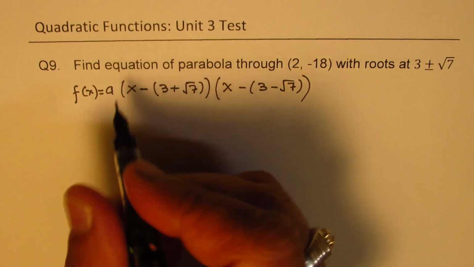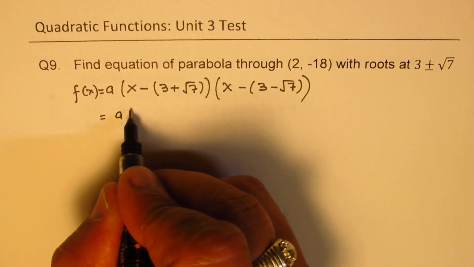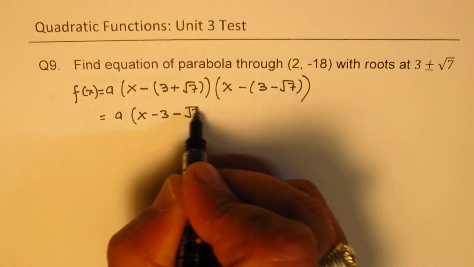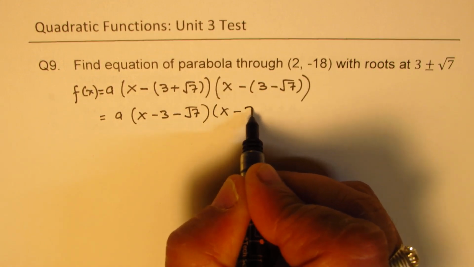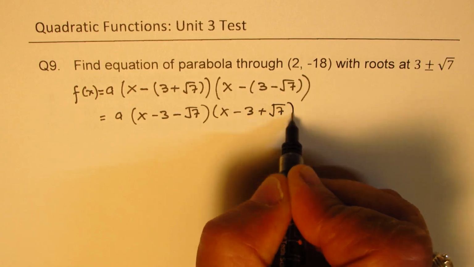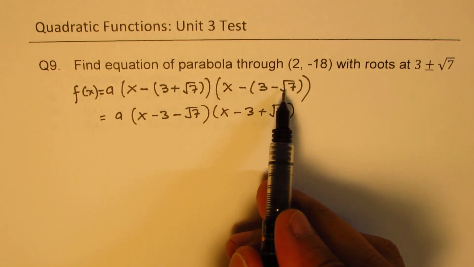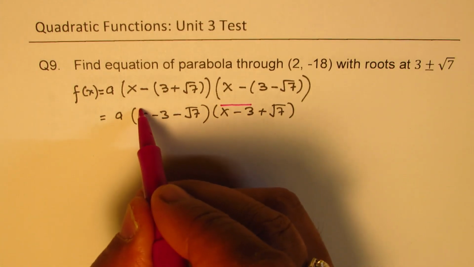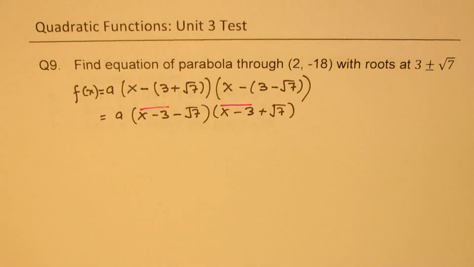Perfect. So let us open the bracket. So we have here x minus 3 minus square root 7 times x minus 3 plus square root 7. So signs will change, right? Now think about x minus 3 as one part, and then we have plus minus square root 7, right?